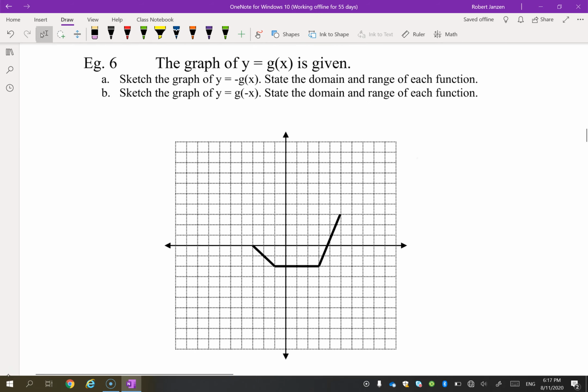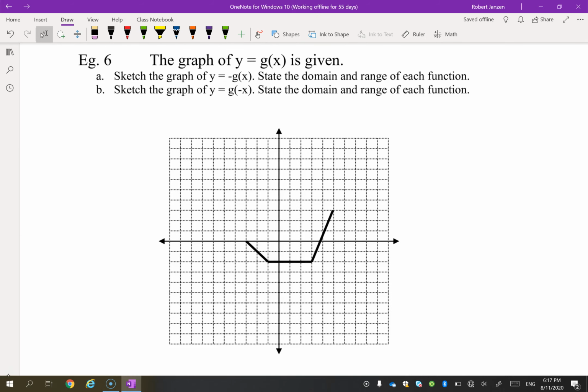Okay, let's try here. The graph of y equals g of x is given. So this graph is g of x. I'm going to put in a couple of dots here because I know these are the points I'm going to be changing. Let's look at this graph first. This is y equals negative g of x. This is a negative outside the function, so it's going to affect the y values. If it affects the y values, it's going to flip over the x-axis.